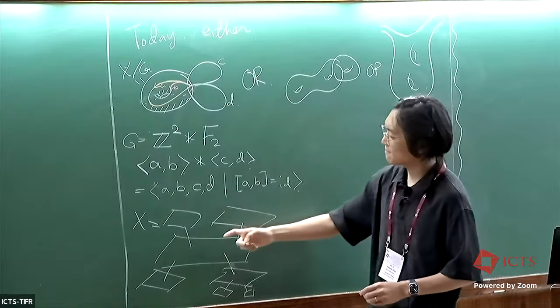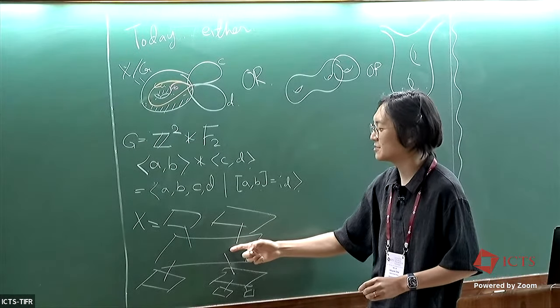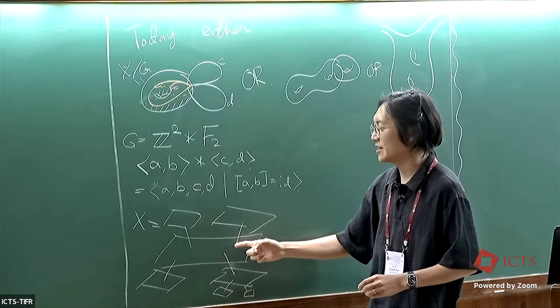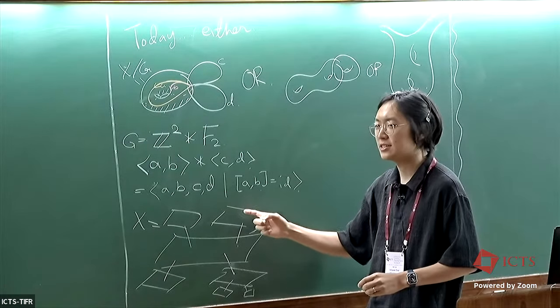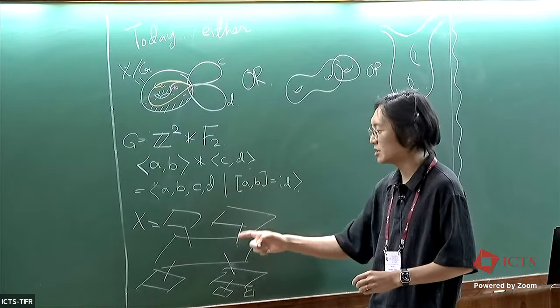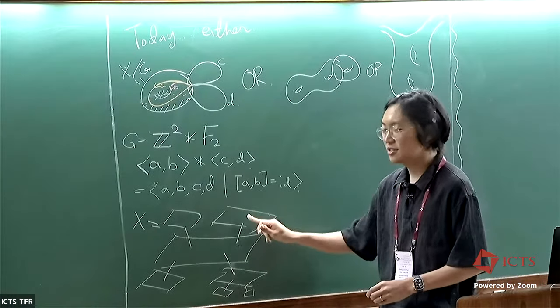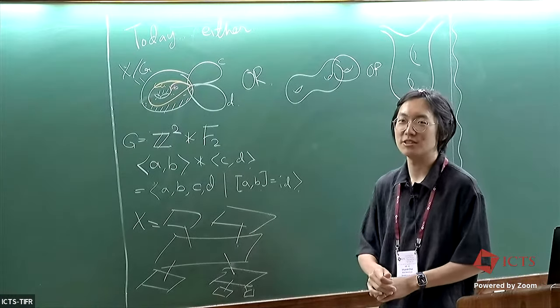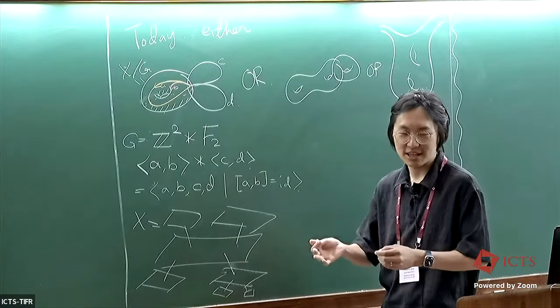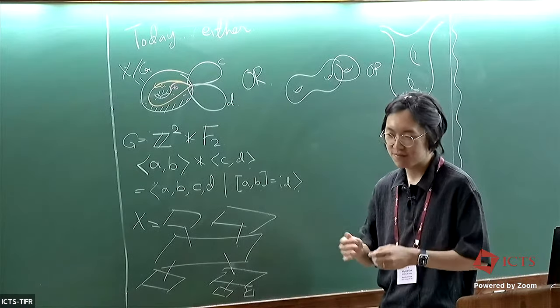Why did I bring up this example? If you do not want to deal with this mixture of one-dimensional and two-dimensional parts, this is too tree-like. So probably this is due to tree-like behavior.